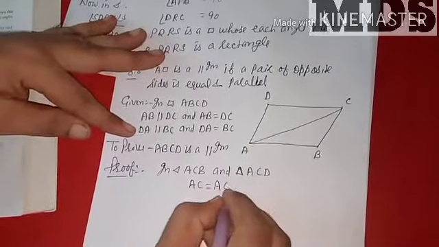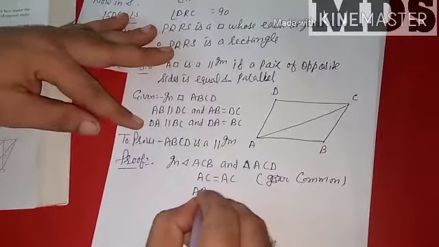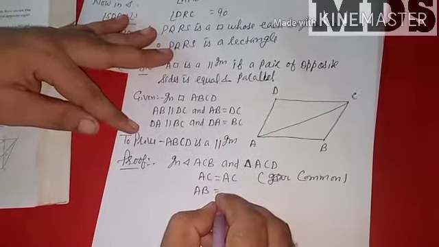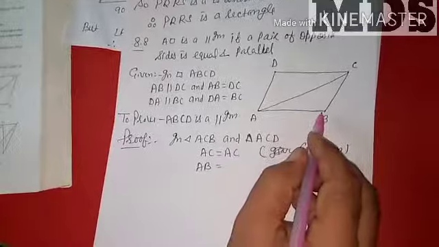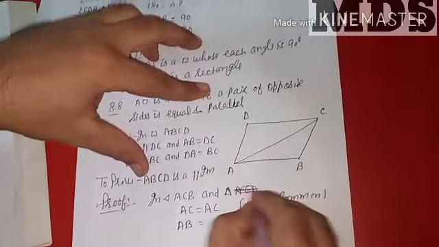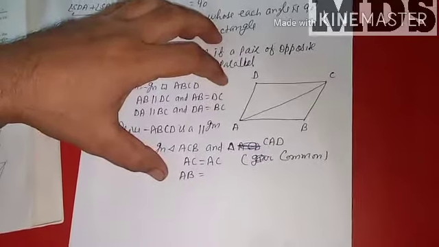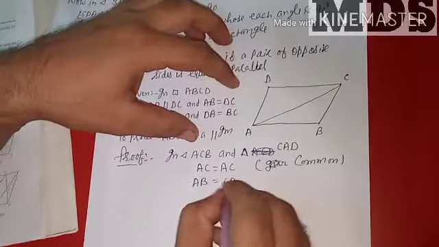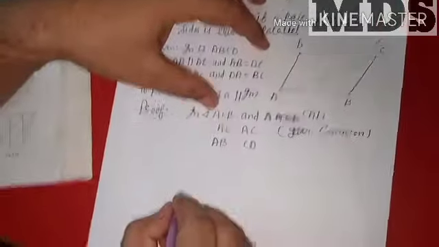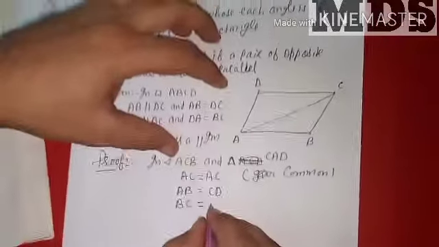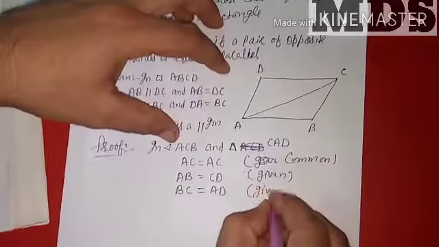AC equal to CA, this is common. AB equal to CD, this is also given. And BC equal to AD, this is also given.